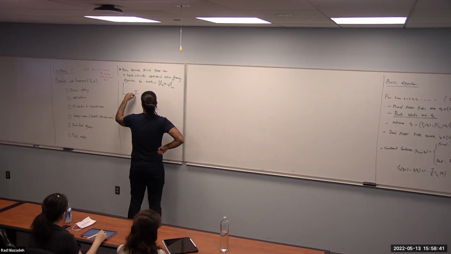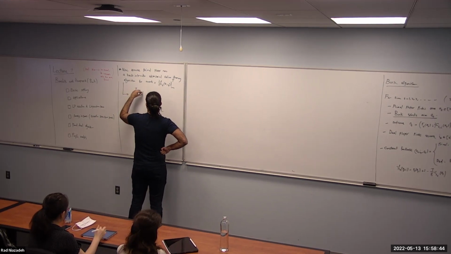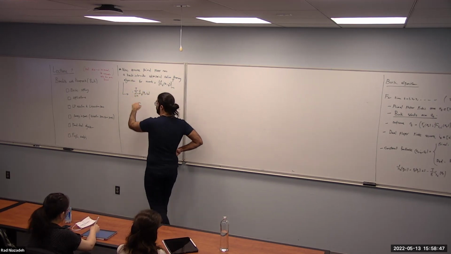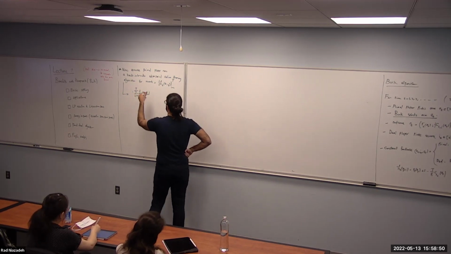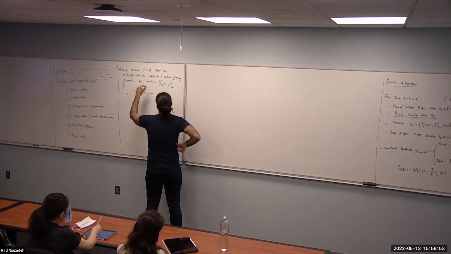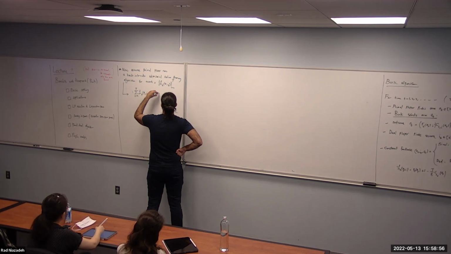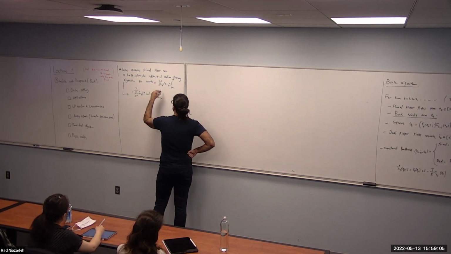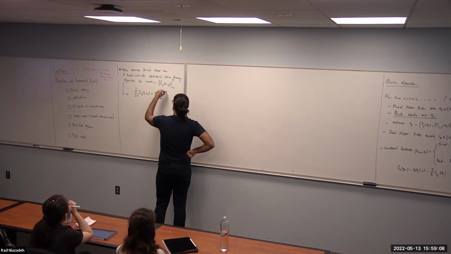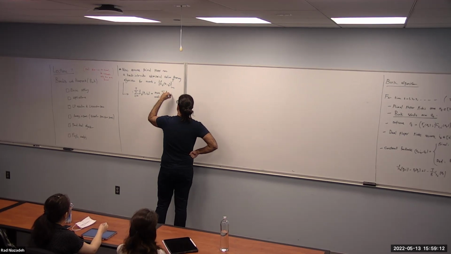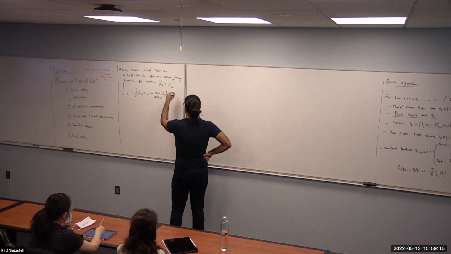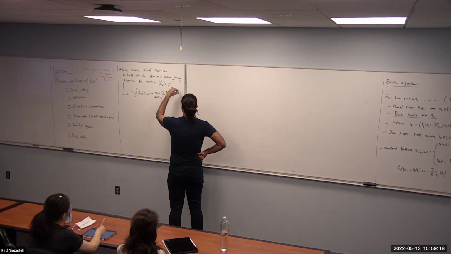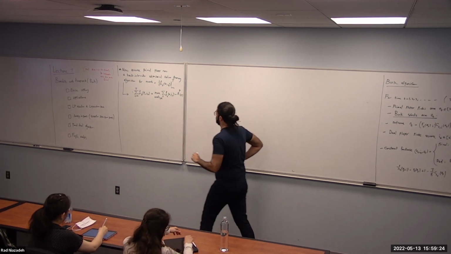So the summation over t from 1 to capital T of L_t(a_t, i_t), which is the reward that the algorithm gets, is going to be equal to the maximum reward that you could get, max over all a's, minus some particular regret of the primal player at time T. That's the definition.